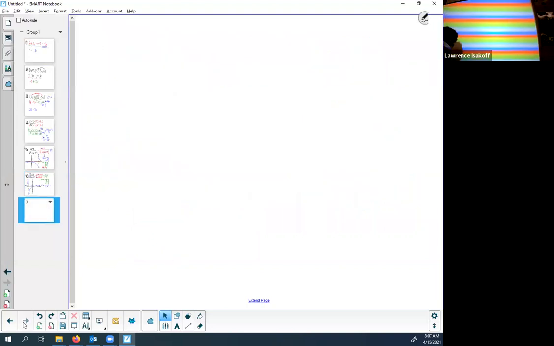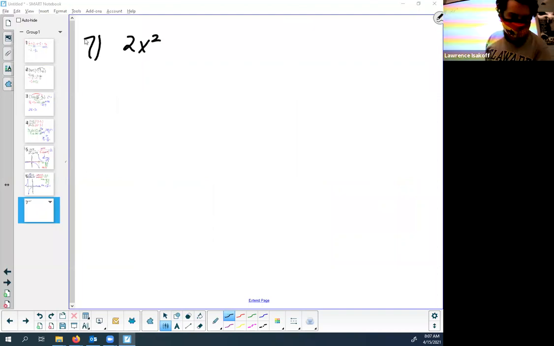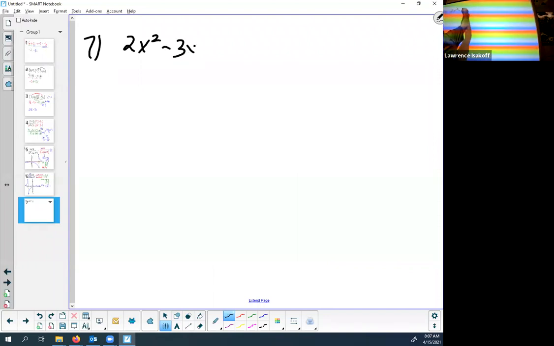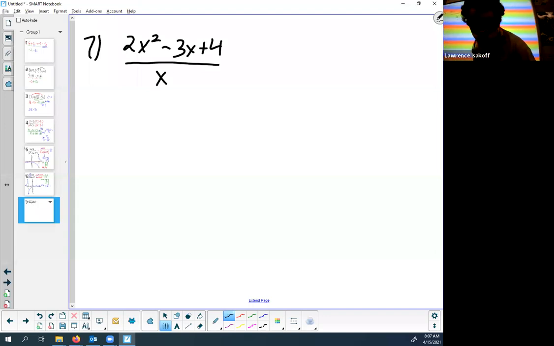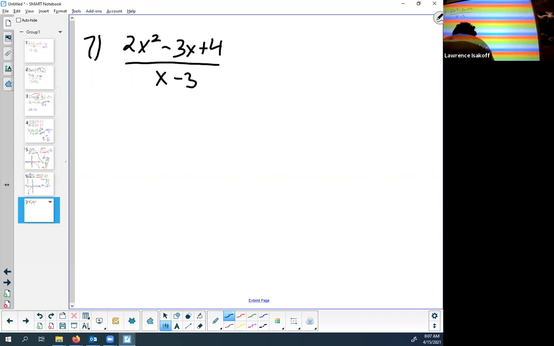Okay, final question. This was number 7. This was 2x squared minus 3x plus 4 over x, I think I said minus 3. So this will have a slant asymptote.